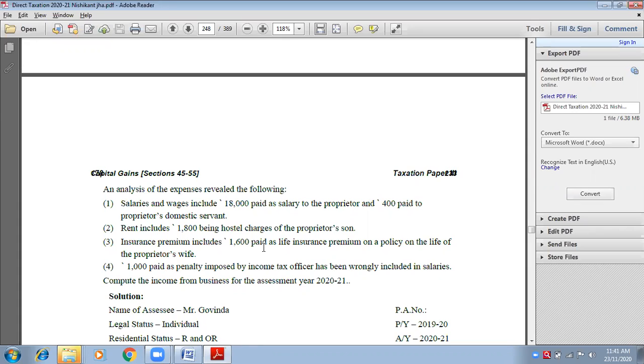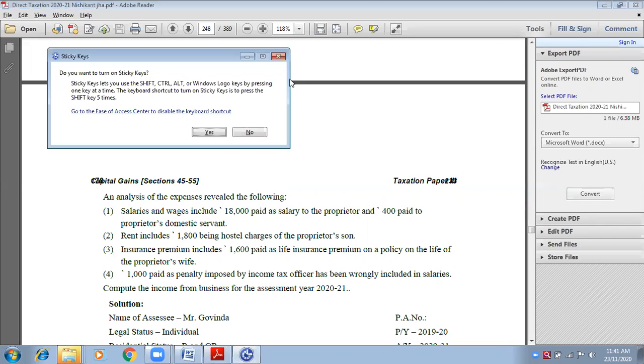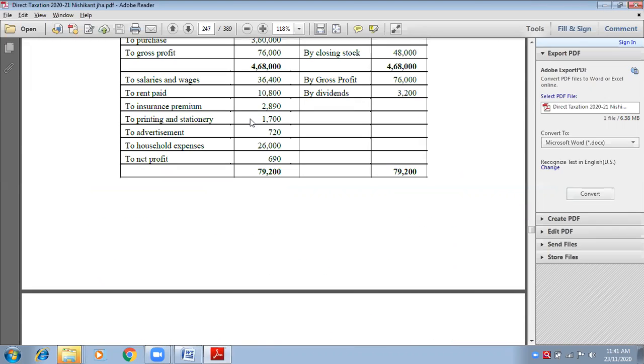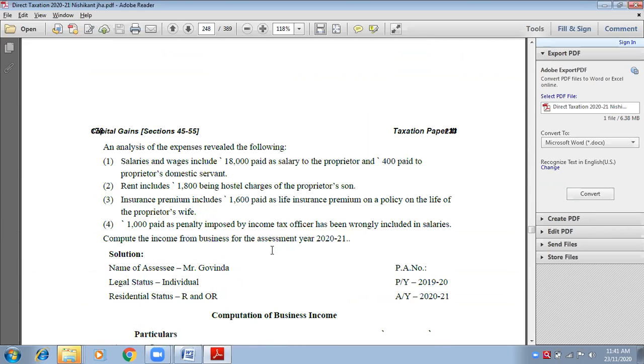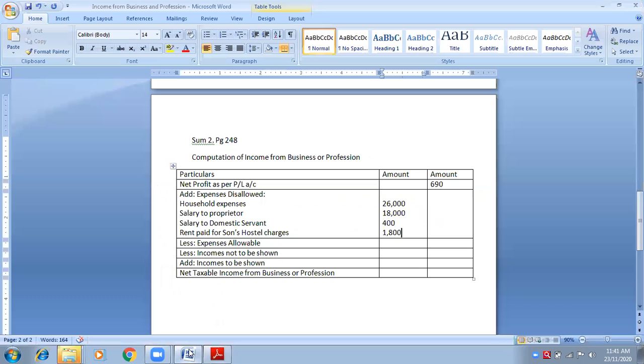You have taken wife's life insurance policy and therefore you are paying 1,600 as a premium. So you tell me, 2,890 rupees was given in the P&L as insurance premium expense. Will 2,890 be discarded or 1,600 be discarded, or a different amount? Yes, 1,600, because that is my personal expense.